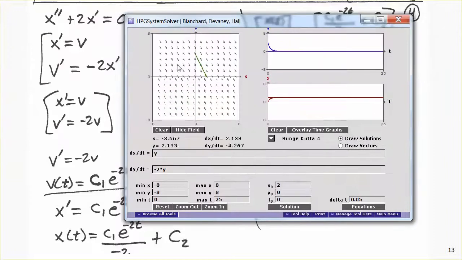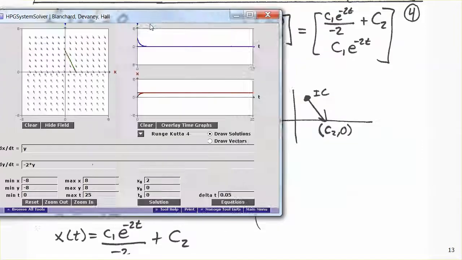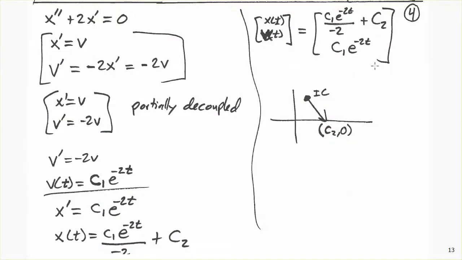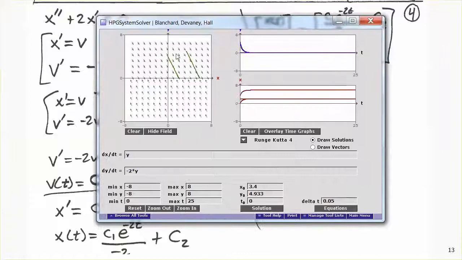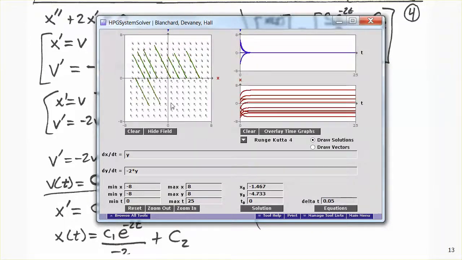If I started at 4, 2, if the y decreased by 4, the x should increase by 2. And that's exactly what we have right here. And so you can see that in the solution because the exponentials were the same size. And that's why these are all lines that shrink towards the x-axis.